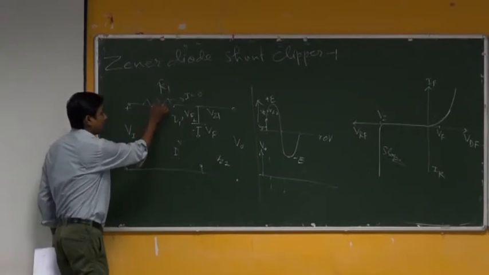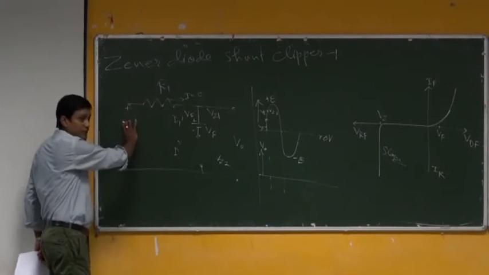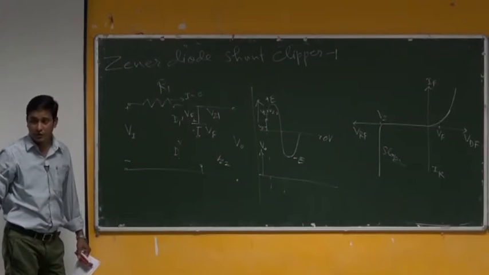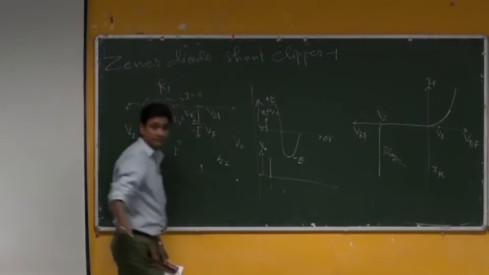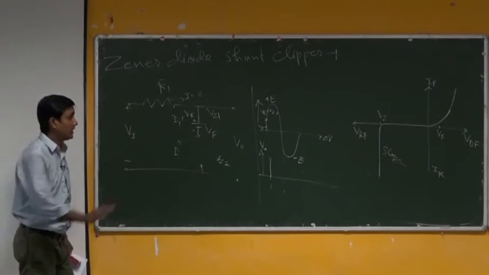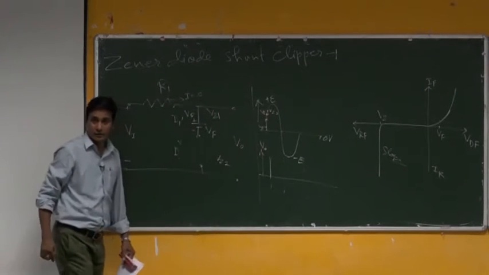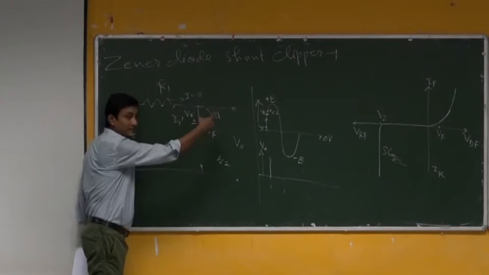So the potential drop here is 0. Now the potential here is this potential plus this potential, so 0 plus this, ultimately it is Vi. So the wave shape will be like the input. Now till when? Till it reaches this point, where the voltage will be Vf plus Vz.